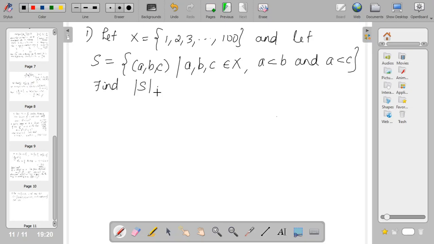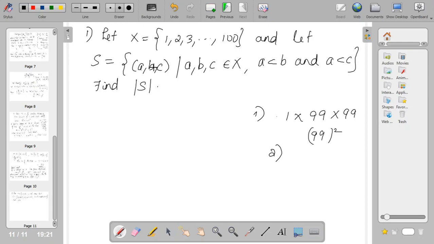So by the multiplication principle, in the first place there is one choice, followed by in the second place 99 choices, and in the third place again 99 choices. So if A is equal to 1, the number of such ordered triplets will be 99 square. Now we took the first case. Now the second case: in the first place 2 can come, so A is taking only the value 2.